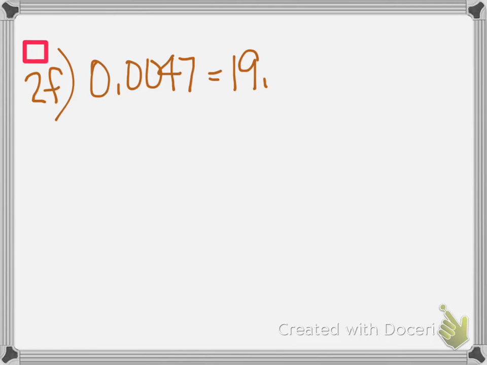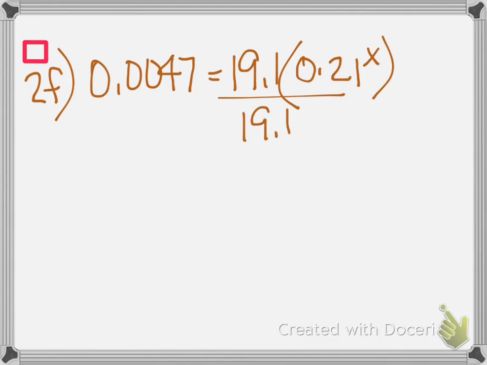2f starts out 0.0047 equals 19.1 times 0.21 to the x power, dividing by 19.1.